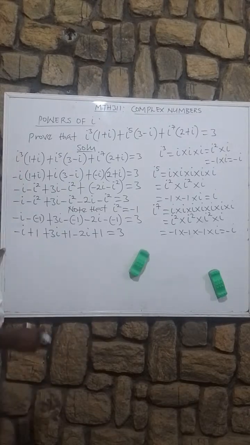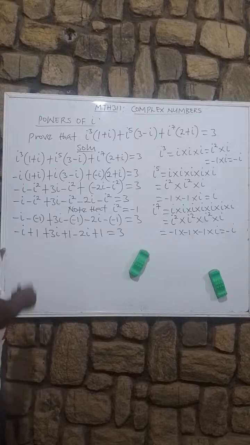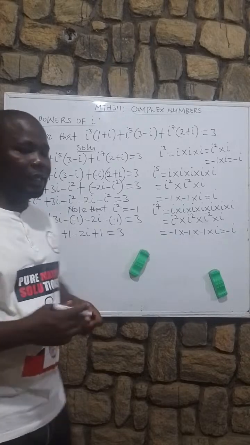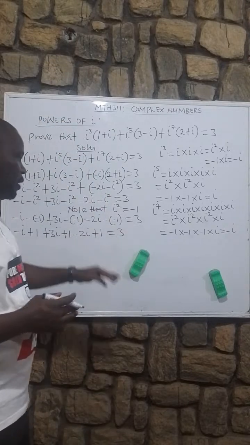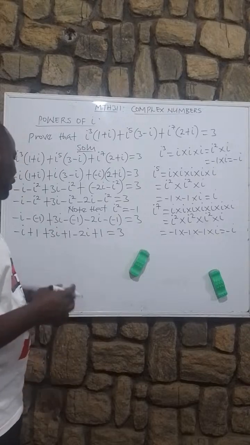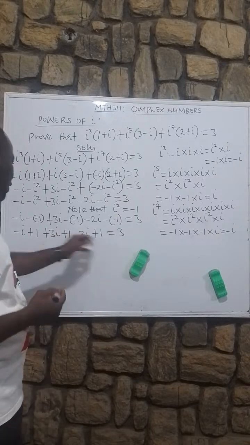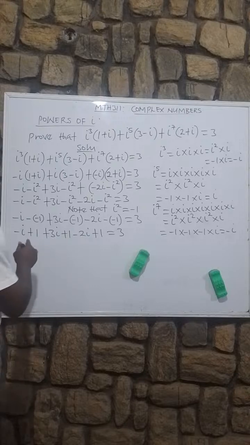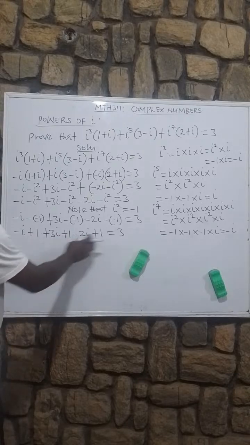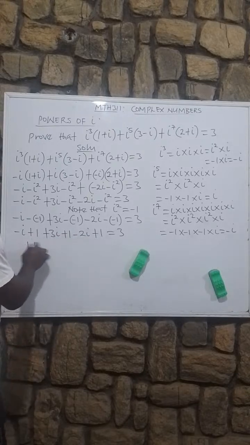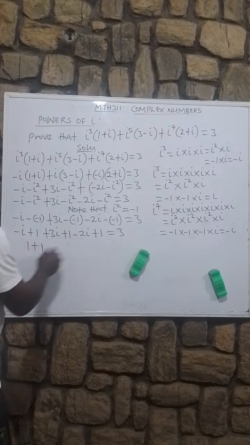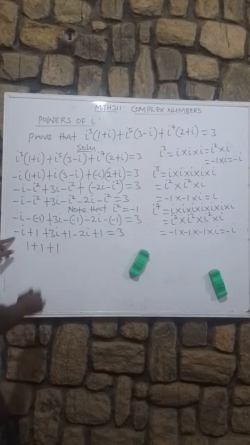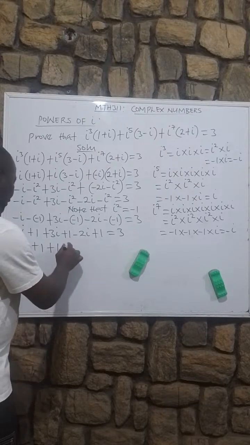Let us collect like terms. That is, we make the real part be on one side and the imaginary part on one side. So these are real: 1 plus 1 plus 1, right? The real part.